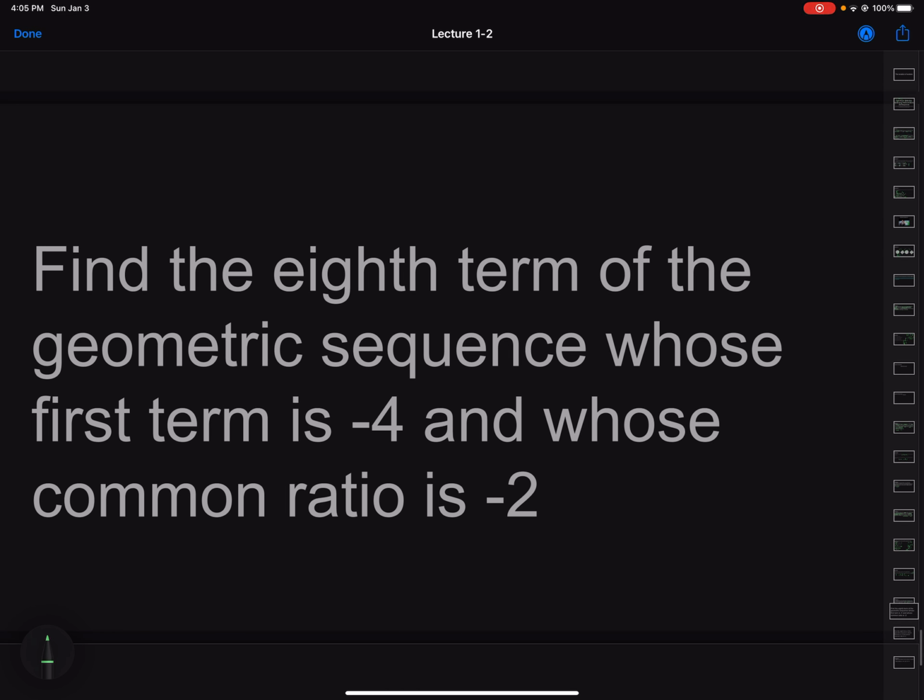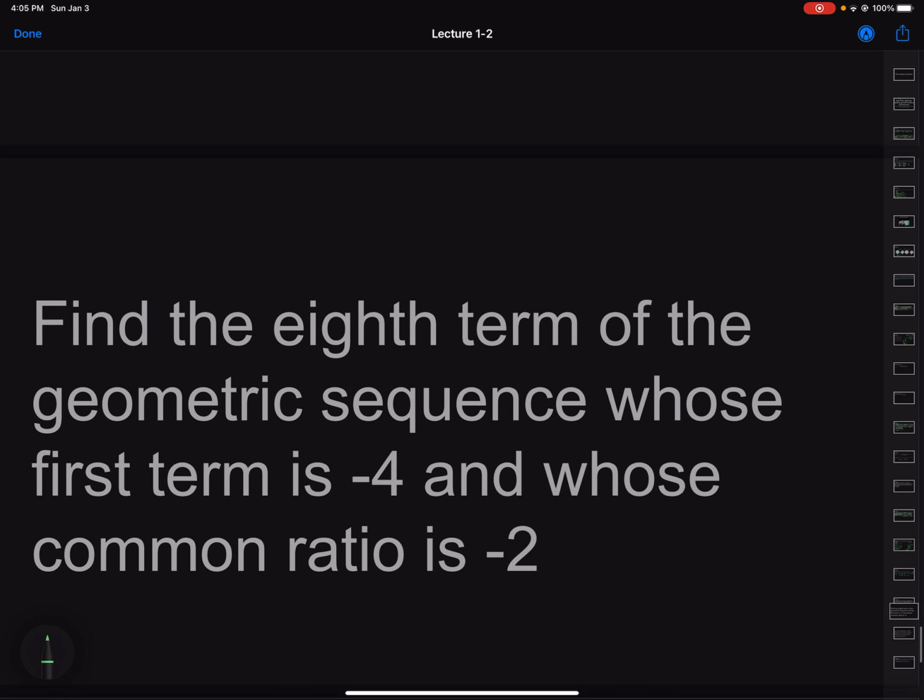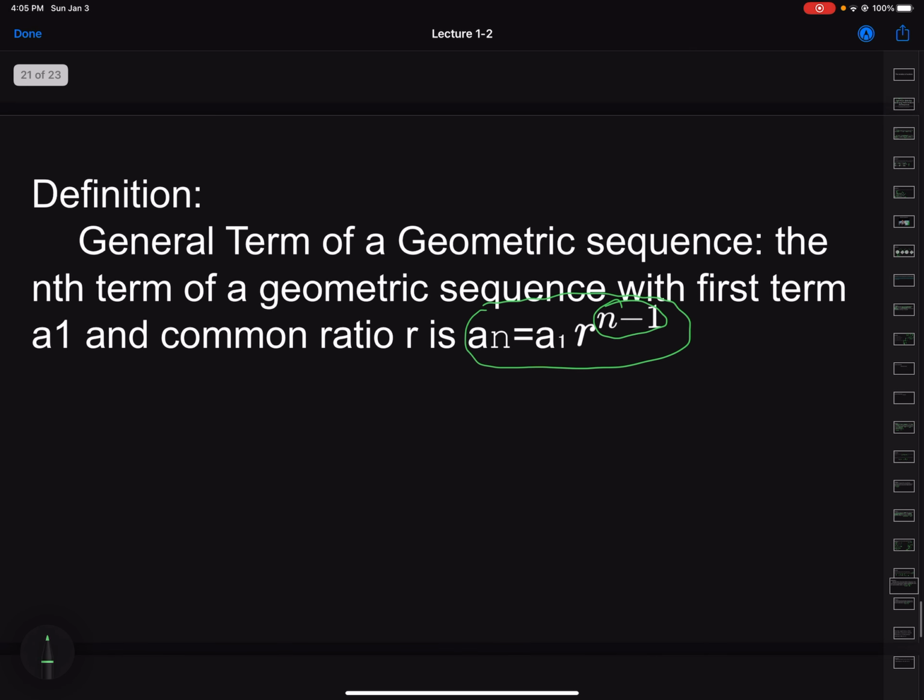This slide is a little big. Find the 8th term of the geometric sequence whose first term is -4 and whose common ratio is -2. So take a minute and write down this equation, because you are going to lose it on the screen.